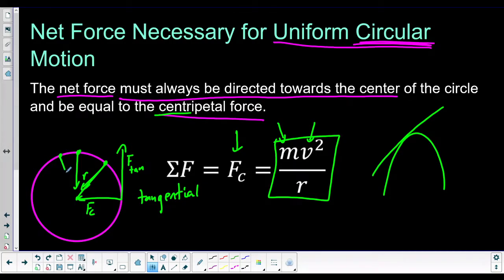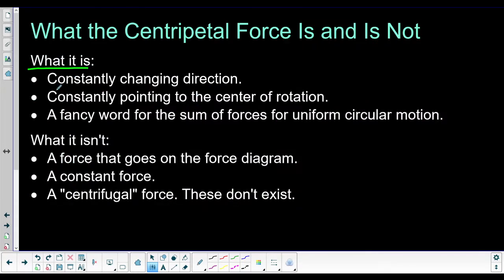If our object's here, it's pointed that way. And no matter where you're at on the circle, it always points towards the center of your circle. So it is constantly changing direction. It is constantly pointing towards the center of rotation, or the center of whatever circle you're going in.